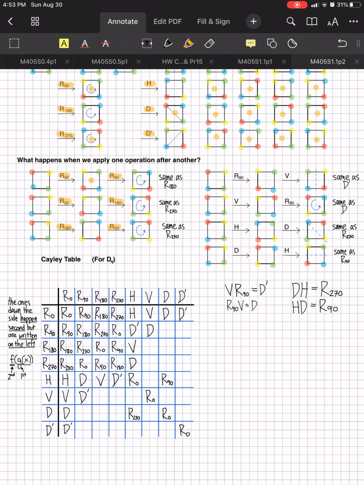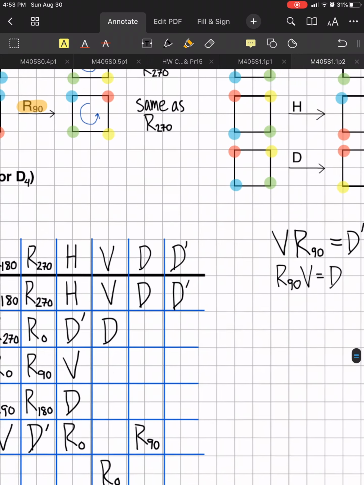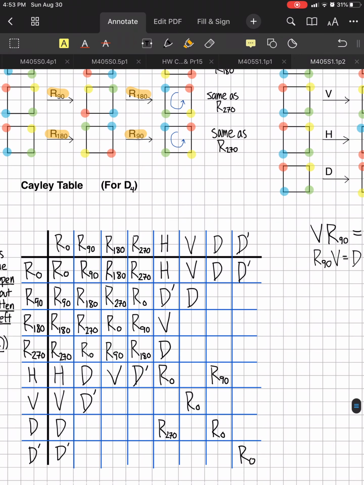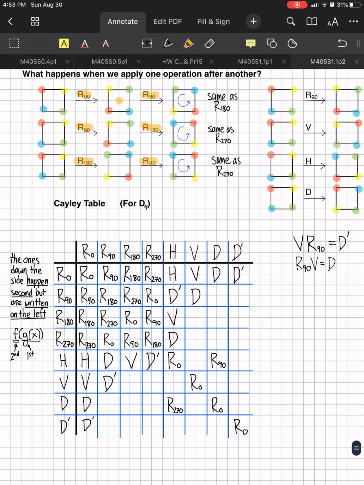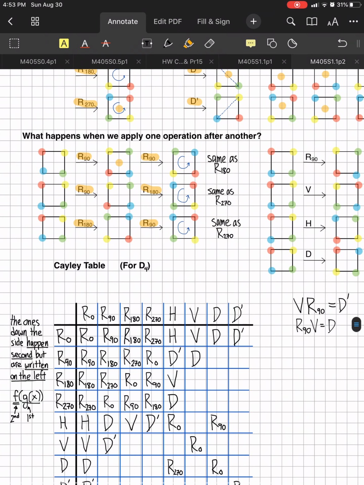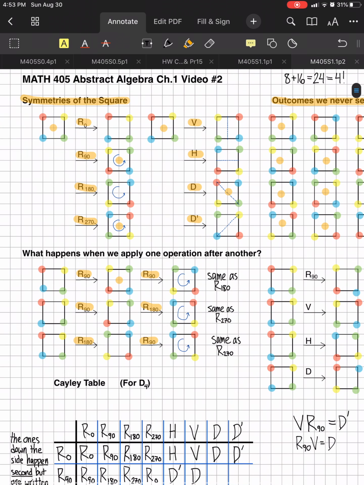Now, let's take a look at D followed by a 90-degree turn. That puts blue at the upper left, red at the lower left.